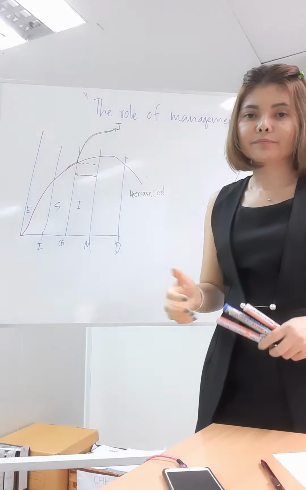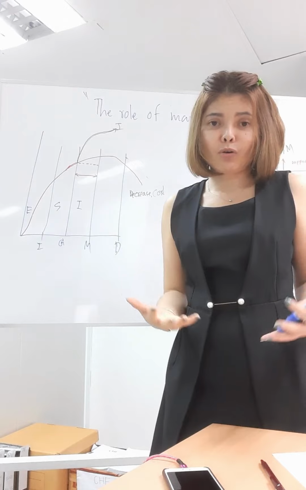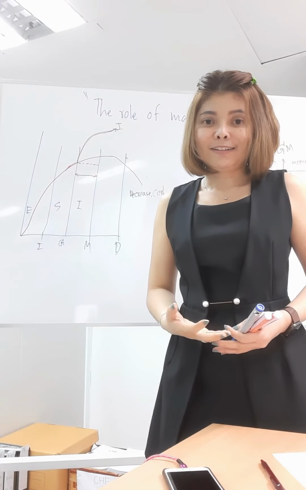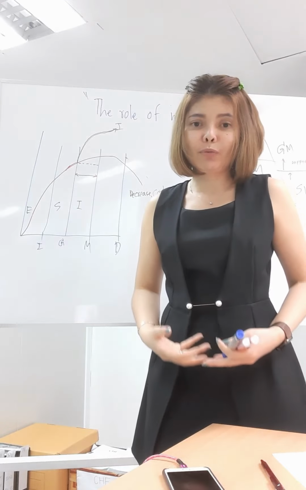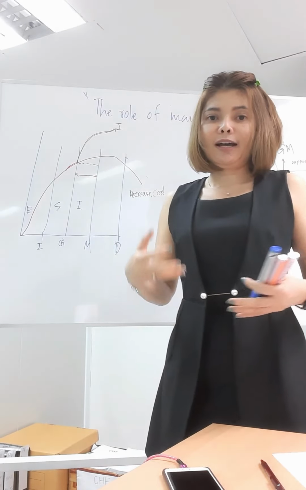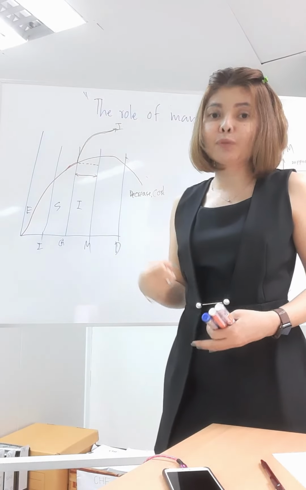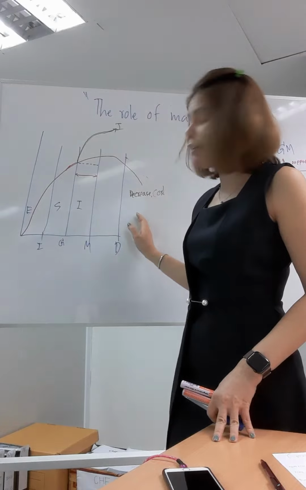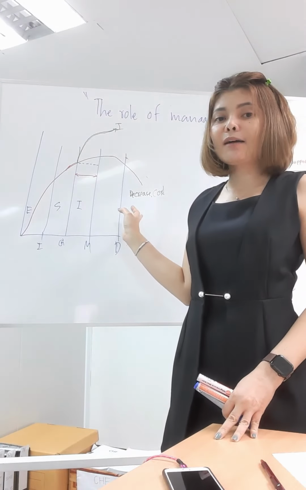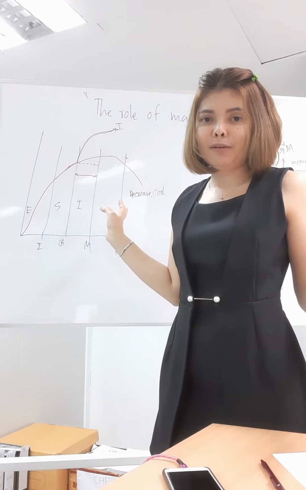Whenever costs decrease, the business cannot innovate, right? Because innovation needs to spend money, needs to pay money, needs investment. So this time, if sales are declining, the company will not invest anymore, right?